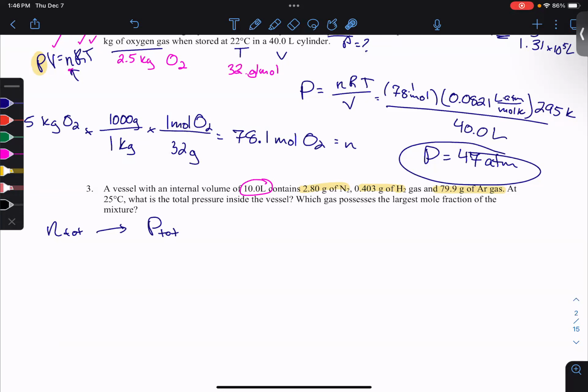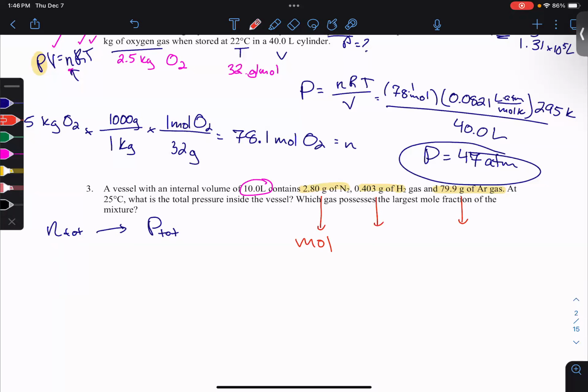So in this question, what do we want? What is the total pressure of the vessel? So we need to figure out the total number of moles of gas that are present. Our strategy here is to turn all of these gram amounts into mole amounts of gas and then add those up. That'll give us our total moles, and then we can get our total pressure.